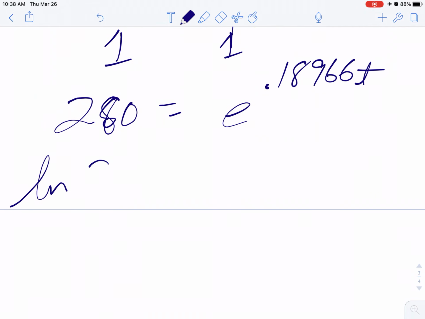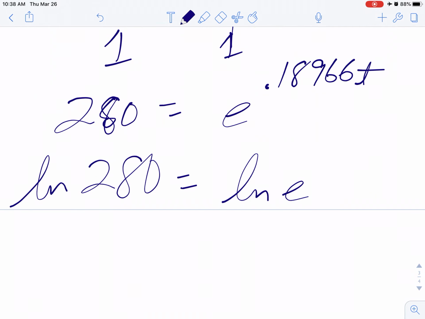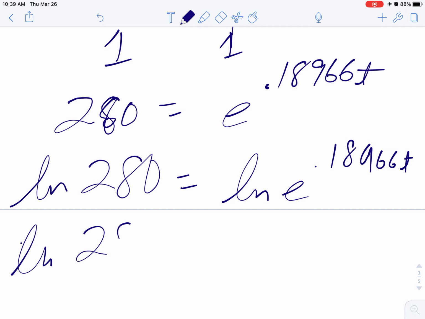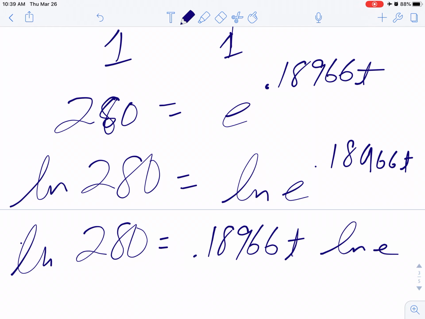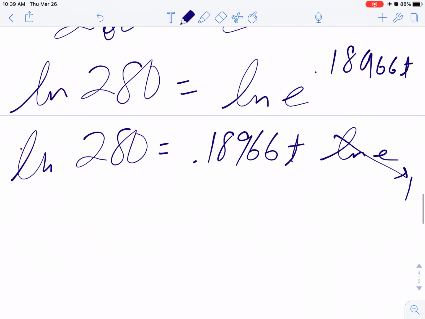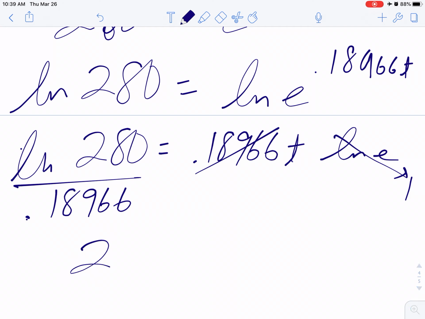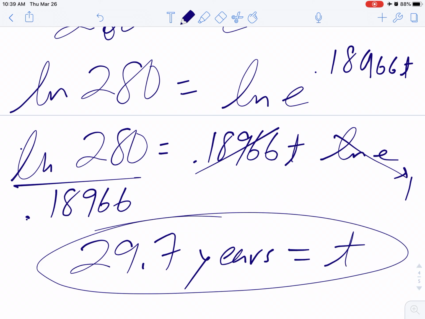You take the ln of both sides. Use the power rule. This goes away. It's a 1, remember. Divide by 0.18966. So ln of 280, make sure I close a parenthesis there, gives me about 29.7 years before it's worth 280 million.